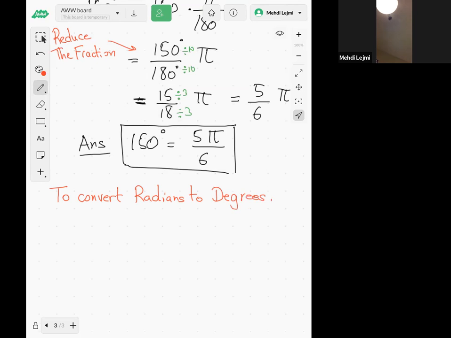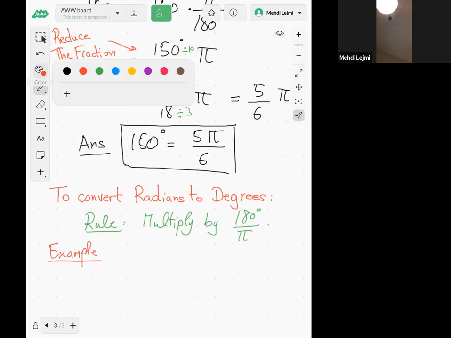So the rule is to multiply by 180 degrees over pi. For example, let's say you want to convert 2 pi over 3 to degrees.